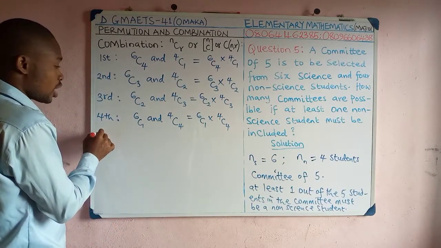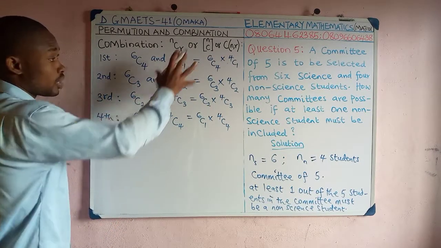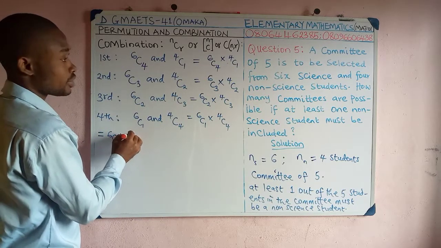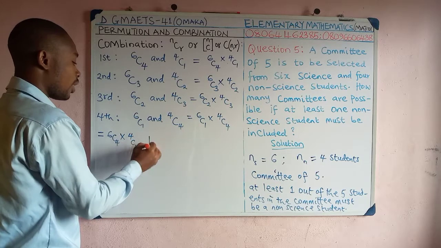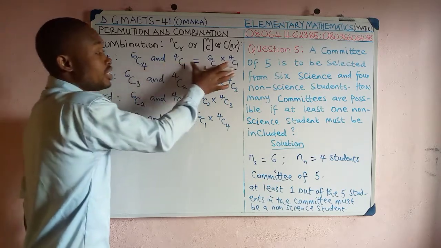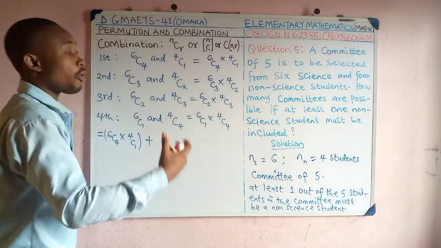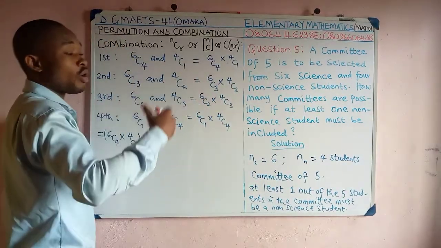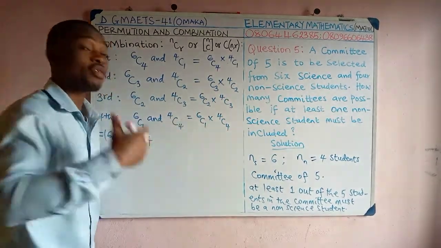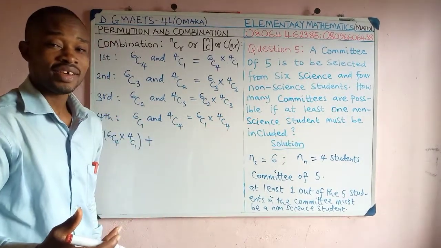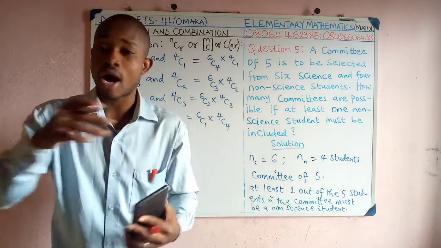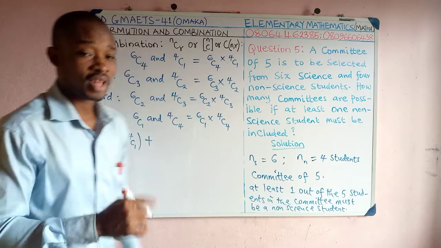So this will now give us equal to, we now want to combine all these things. So 6 combination 4 times 4 combination 1 plus, so this is the first case. So it's either we select them in this way, or the selection will be in this way, or the selection will be in this way, or the selection will be in this way to arrive at the 5 committee. Is that okay? And in mathematics, combination of probability, the mathematical sign used for that is plus.